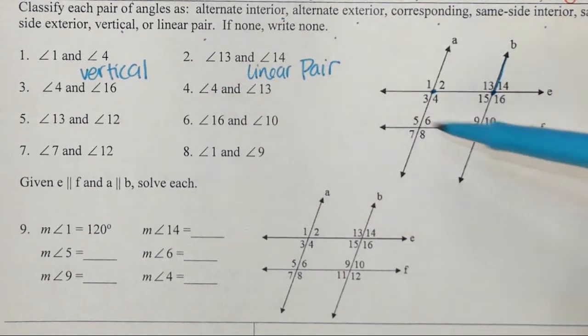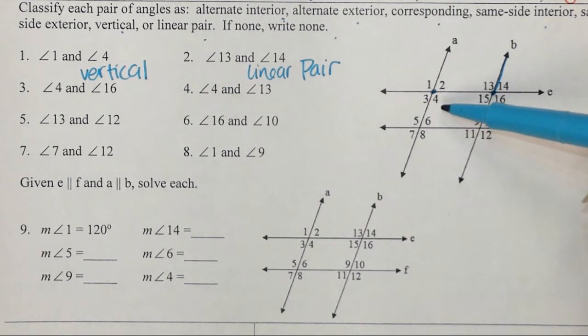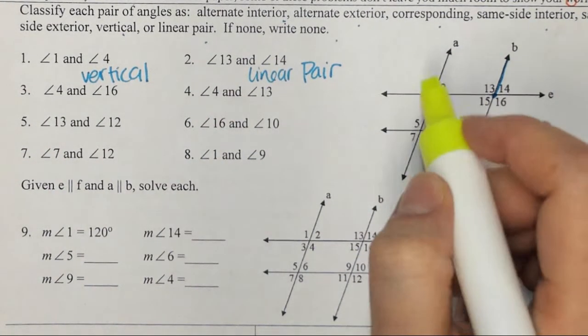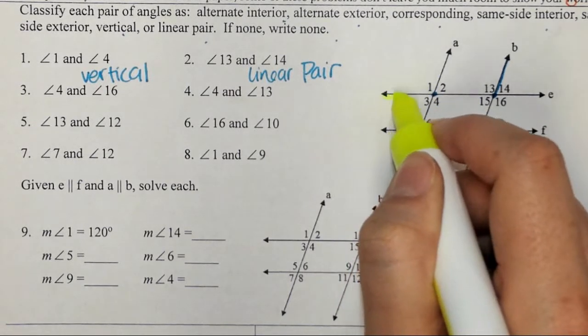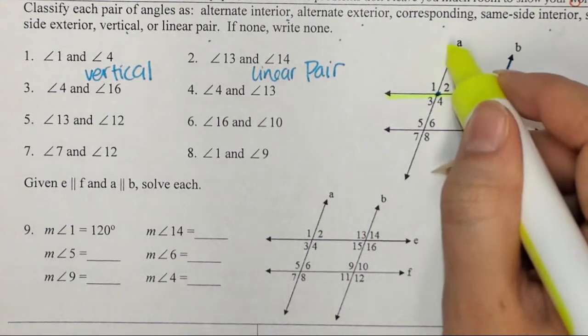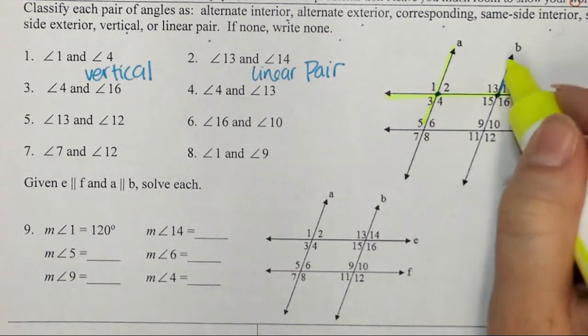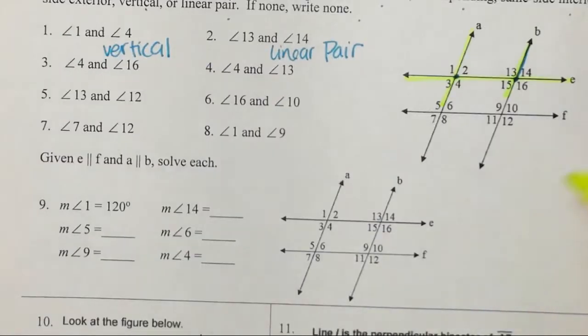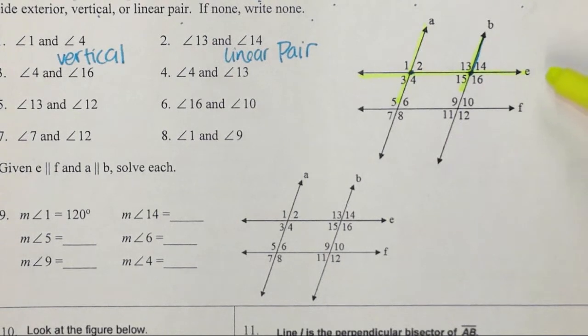Okay. Number 3 is asking us to compare 4 and 16. So 4 and 16, angle 4 is made with this line and line A, and 16 is made with line E and line B, which means that E is the transversal.